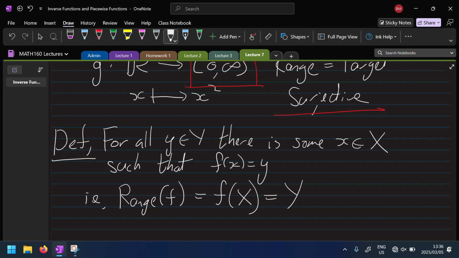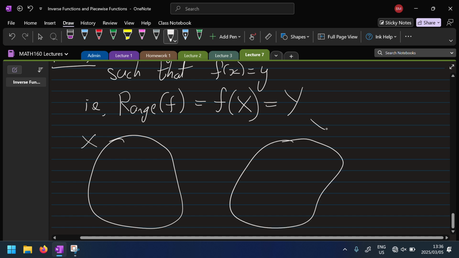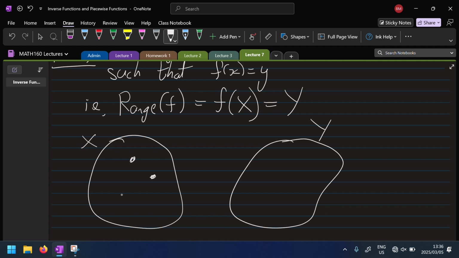Okay, so again, it's a bit wordy, but let's go through it. So let's say we have a set X. Let's say we have a set Y, some elements in X. I'm not going to number them. Okay, so let's say we've got this.